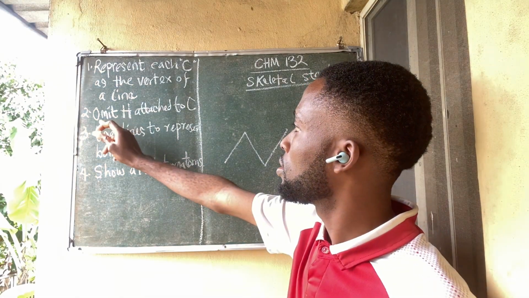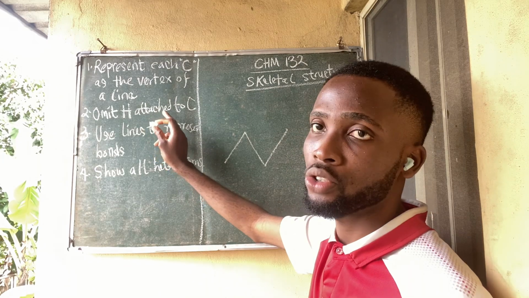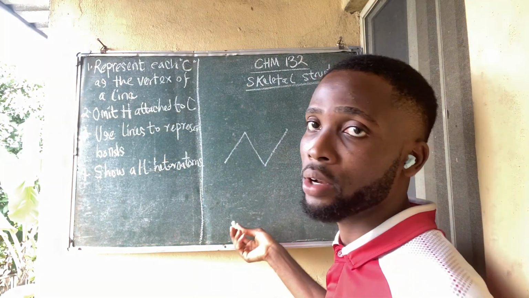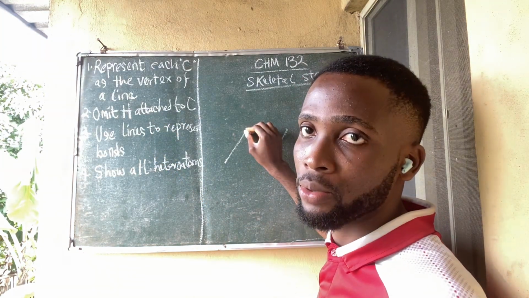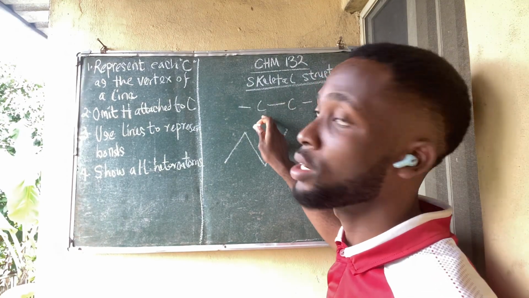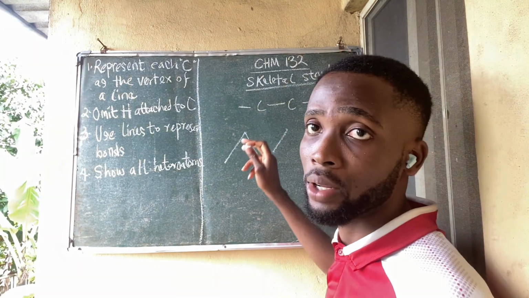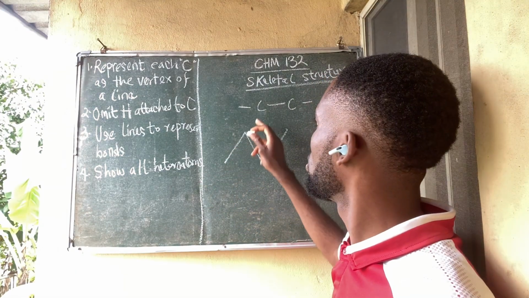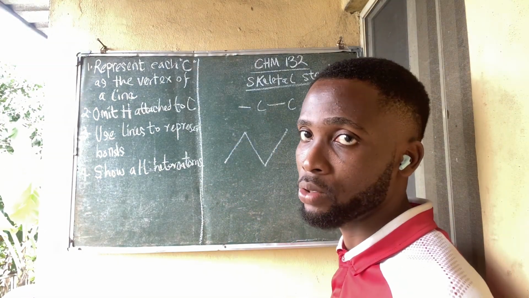The second rule says omit hydrogen attached to carbon. So, ordinarily speaking, if there was a carbon here, for instance, say a secondary carbon atom. By the way, a secondary carbon atom is that which is attached to 2 other carbon atoms, right?